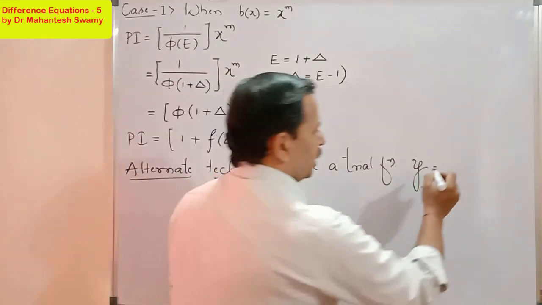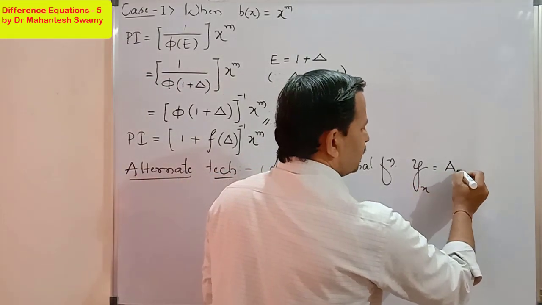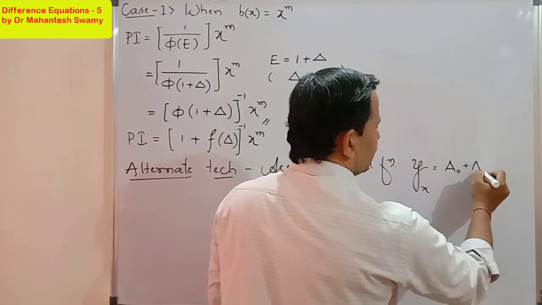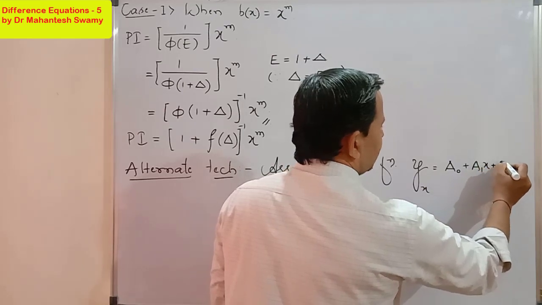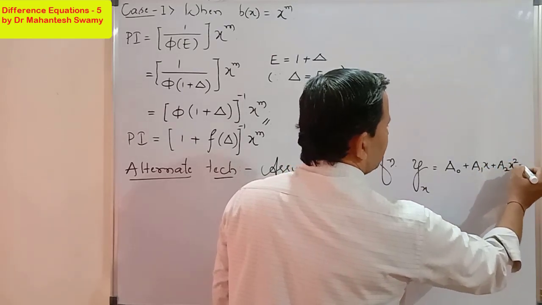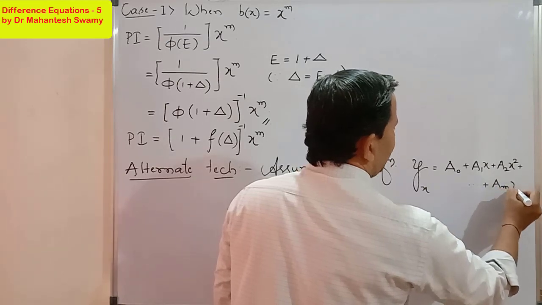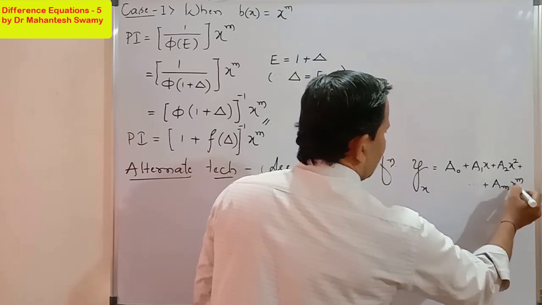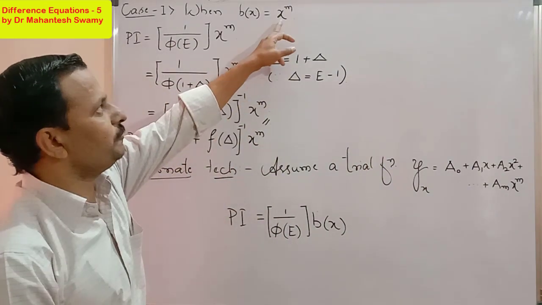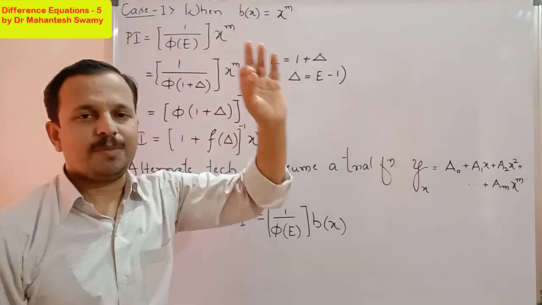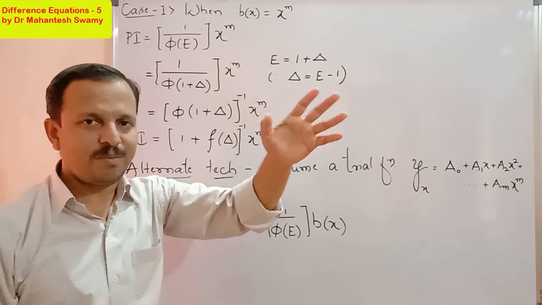equals a0 plus a1 into x plus a2 into x squared plus dot dot dot plus am into x to the power m. The last term should be x to the power m, because a polynomial function of degree m is given.